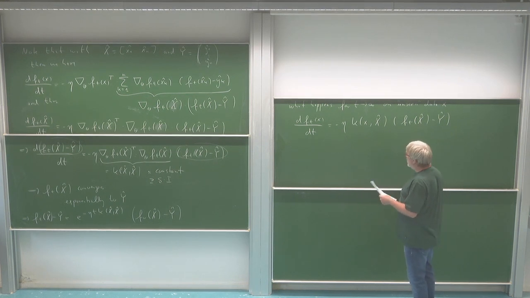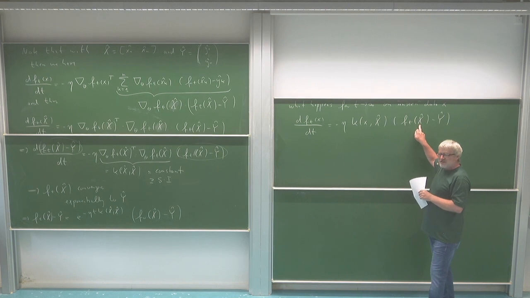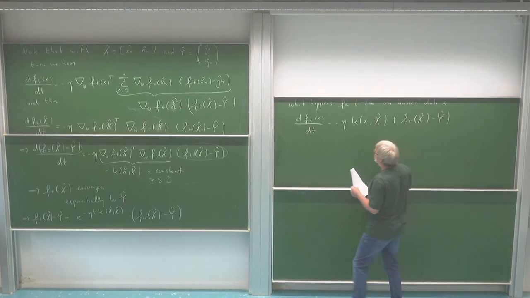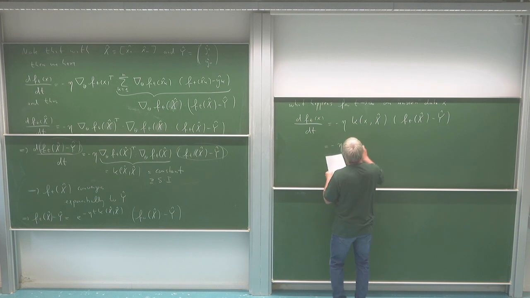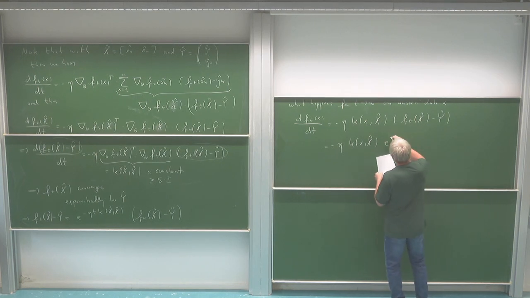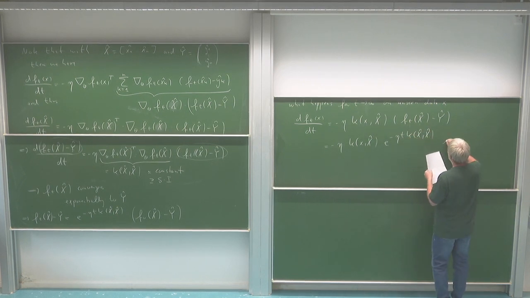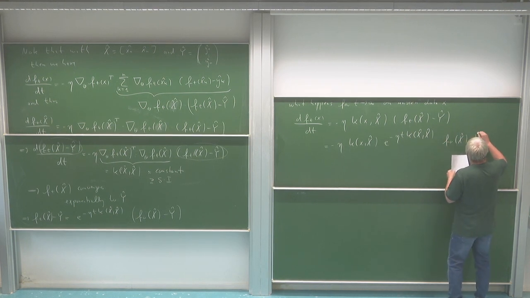And of course, we have now, what do we have? We have now, of course, the solution of this guy here. This is just what we calculated, because those x hat here, these are my training data. So this here is minus eta, this kernel x hat, and this was this exponential decay with e to the minus eta t, the kernel of x hat applied to f0 of x hat minus y hat.